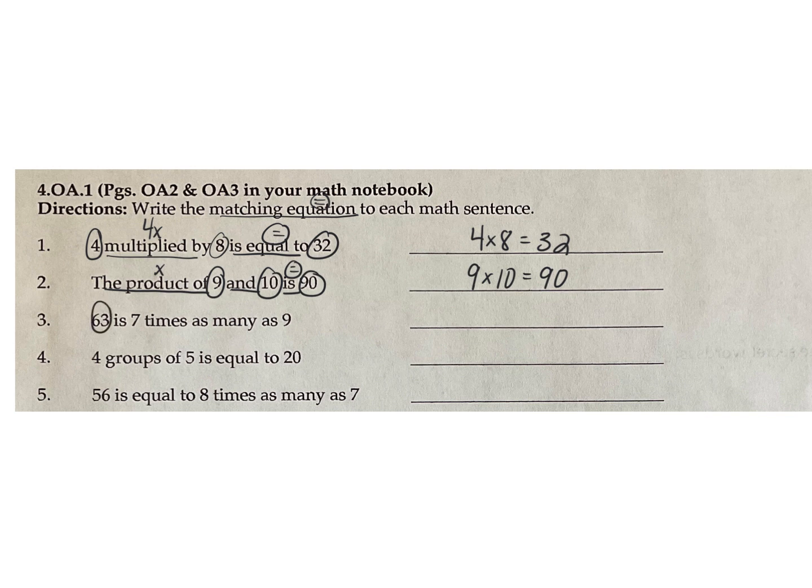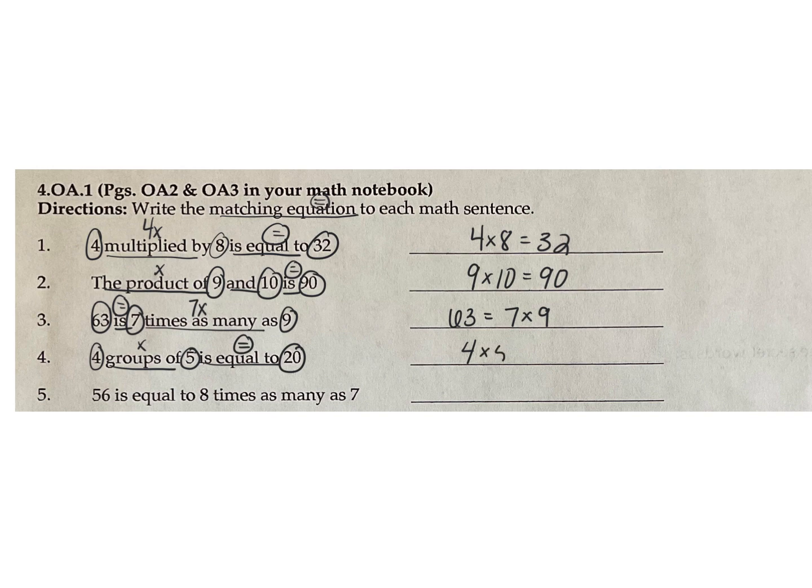Number 3, 63 is, that means equals, 7 times as many as 9. Next, 4 groups of 5. That means multiply because we're having 4 groups and there are 5 in each group, is equal to 20.